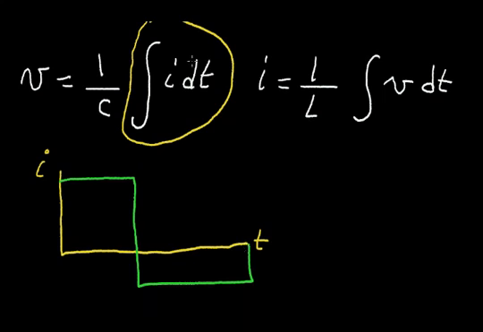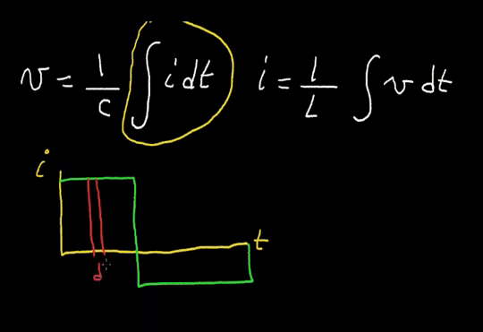So when you see this integral of I dt, think area. Think area under a curve. For example, this dt means a very tiny little sliver of time. You can think of that as a little sliver in time here.